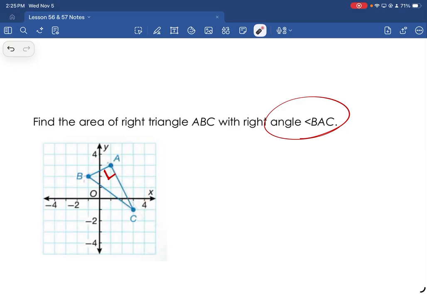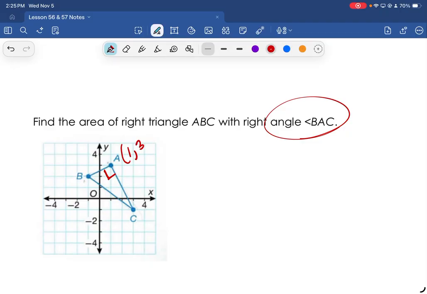So please find the distance of AB, which first of all, y'all are going to have to write the ordered pair carefully of that one and that one and that one. So where is A located? 1, 3. 1, 3. Where's B located? -1, 3. -2. Careful. B? B is at -1, 2.